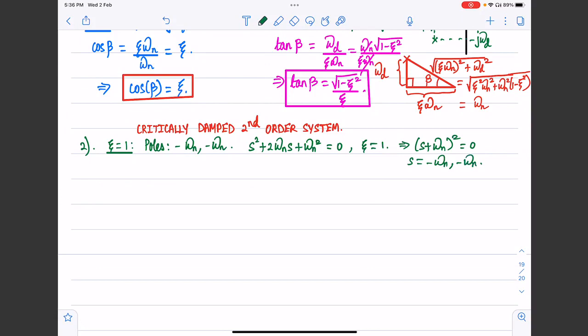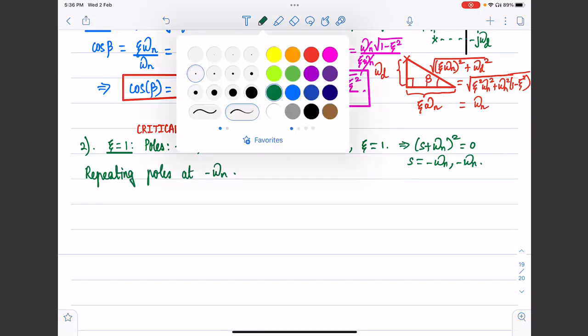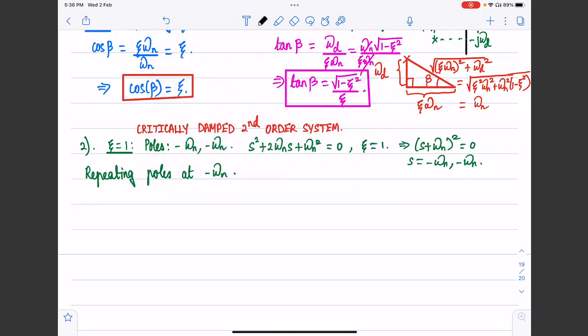Once again, when we have what is called a critically damped system, we have repeating poles at minus 1. So this is a critically damped second order system. Let me draw the S plane.